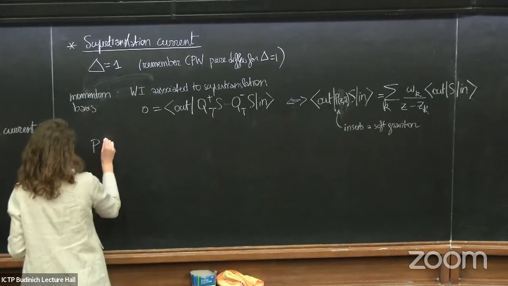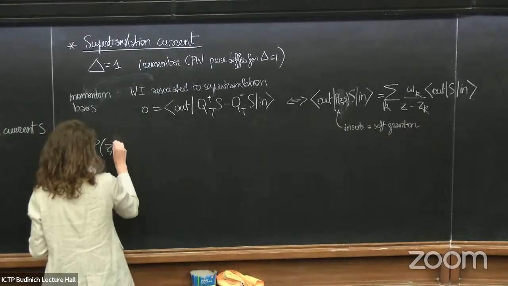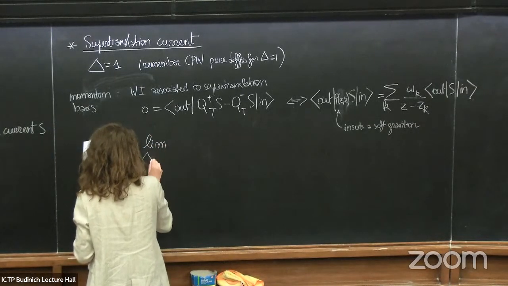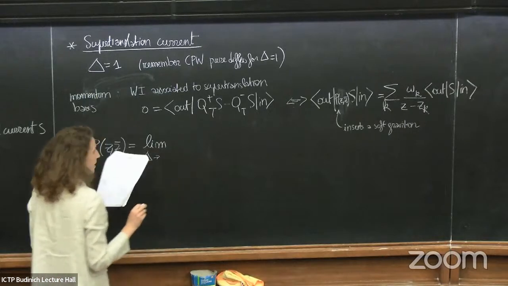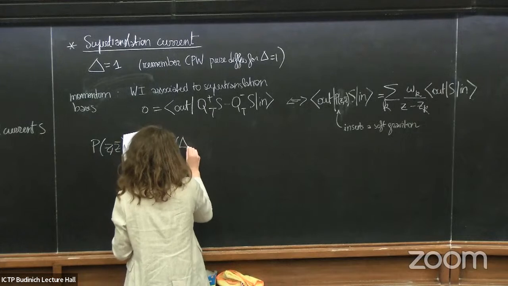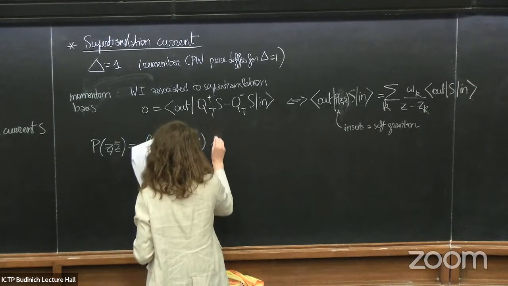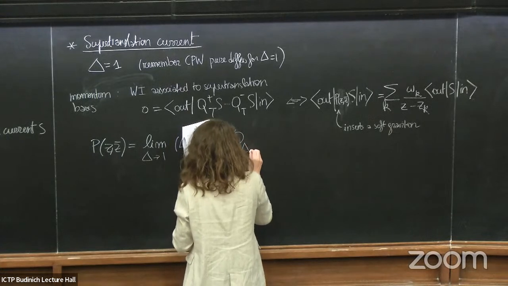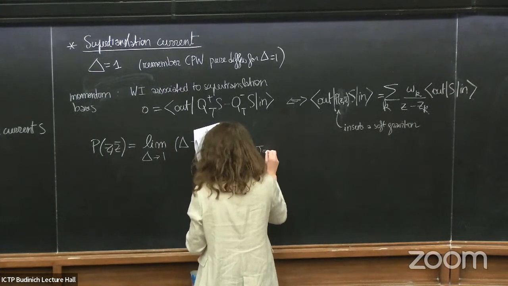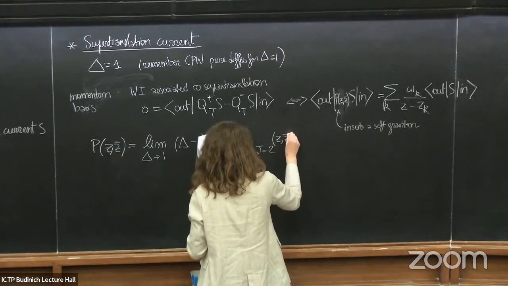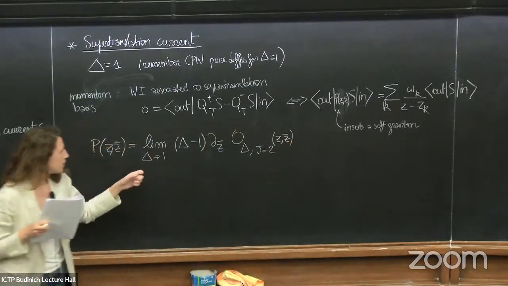Now in the celestial basis, this object will be obtained by taking the so-called conformally soft limit, namely when delta takes some specific values. And actually, it will not be quite exactly the celestial operator when delta goes to 1.